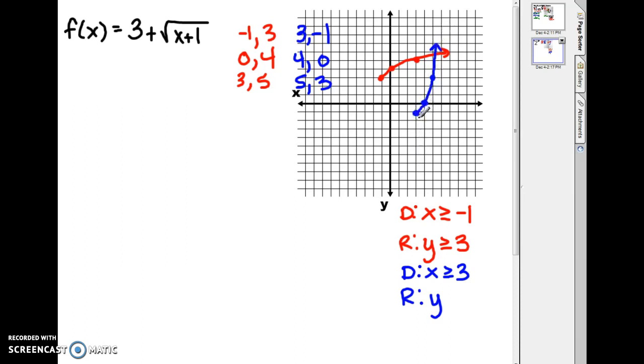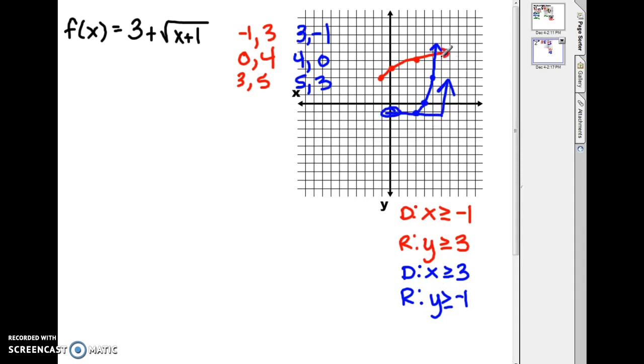It only goes one direction. So when I talk about range, I talk about up and down. It only goes up. So again, it's only going greater than. And it's going up from this y value, which is negative 1. So that is how I write my range.